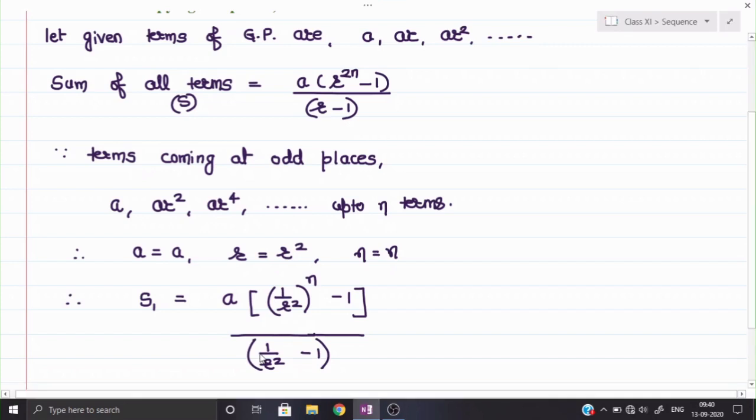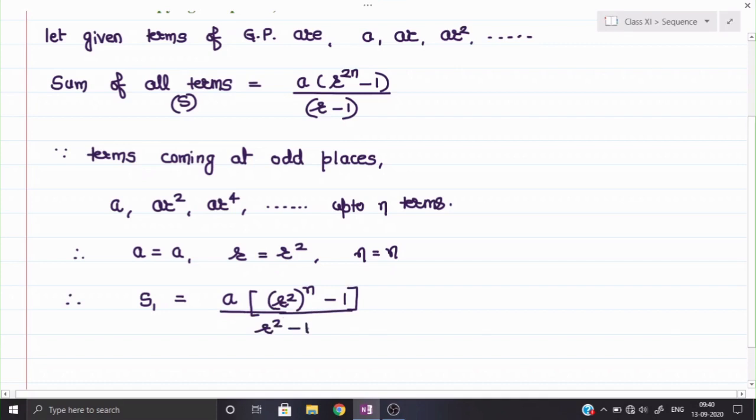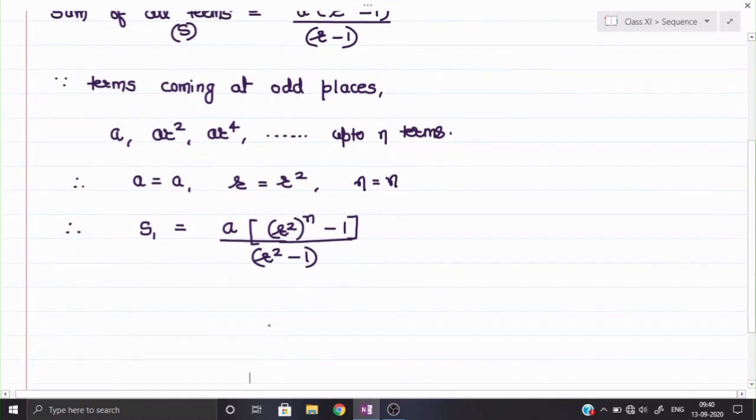Sorry, I have written 1 upon r square by mistake. It is only r square. So this will be a into r square whole power n minus 1, upon r square minus 1.